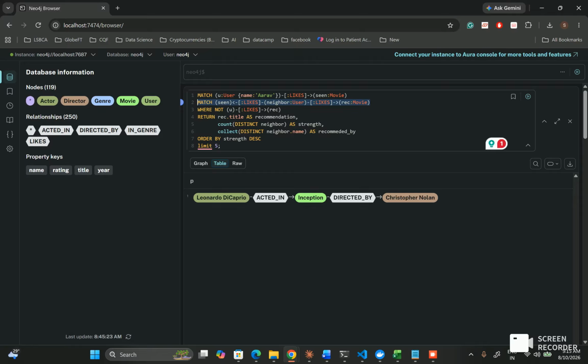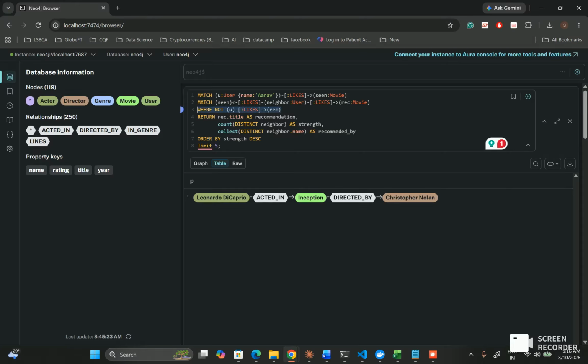Now think of it like this: if you and I both loved Inception, you are now one of my taste twins for this query. Third, follow those taste twins further to see what else they liked beyond the movie we already had in common.